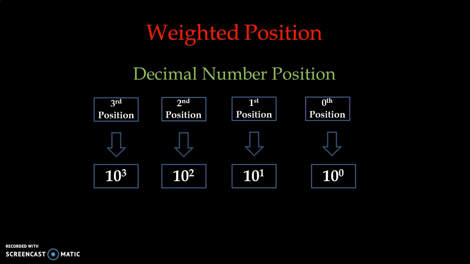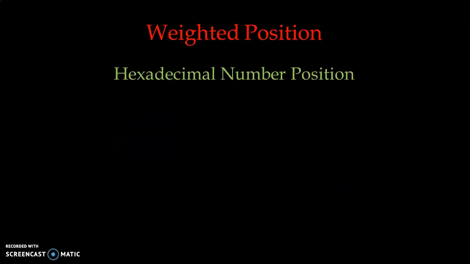The same weighted position rule applies for hexadecimal also. So in any hexadecimal integer value, we start with the zeroth position, we take base 16 and we start with power 0.